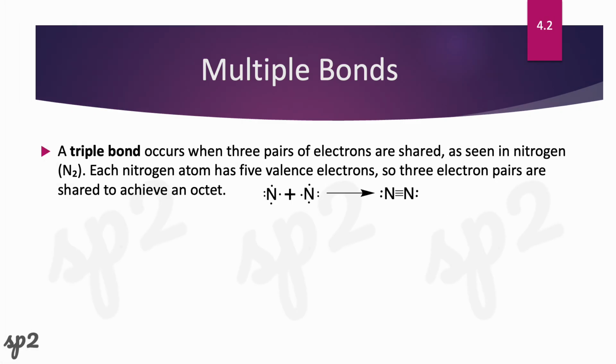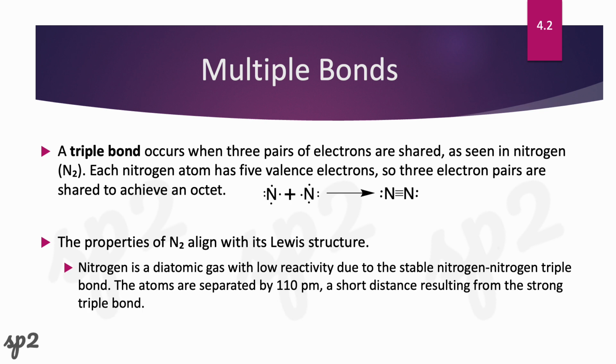Okay, so the next one is the triple bond, right? That happens when three pairs of electrons are shared. A really good, very common example is nitrogen gas. Each nitrogen atom has 5 valence electrons, so 3 electron pairs are shared to achieve an octet, right? So when I have this triple bond, I can understand the properties of nitrogen gas by looking at the Lewis structure.